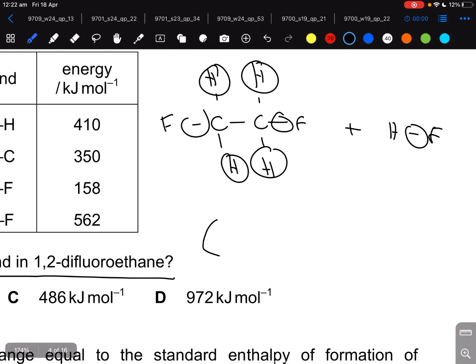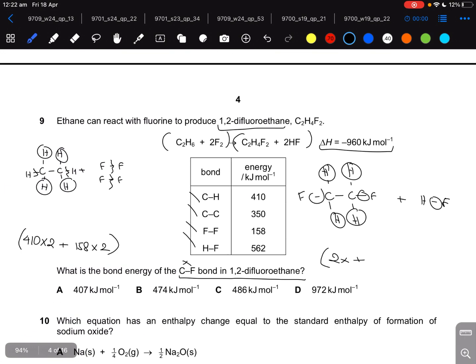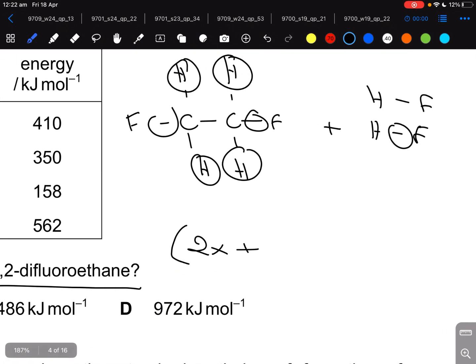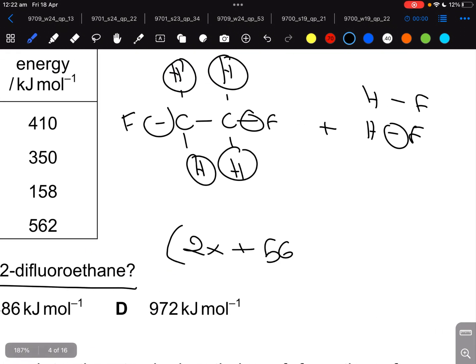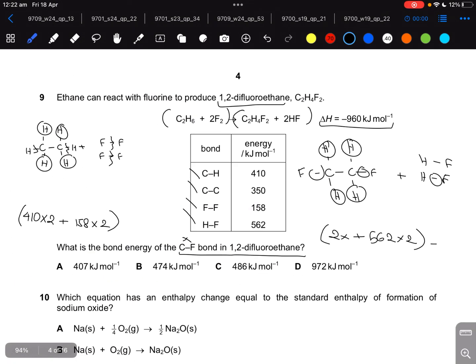This is X, so there is 2X, plus the HF bond that's being formed, and there are 2 of them, 562 multiplied by 2. So let's form an equation and equate it to minus 960, minus these from each other, and then shift solve it. Okay, so let me just write this real quick.